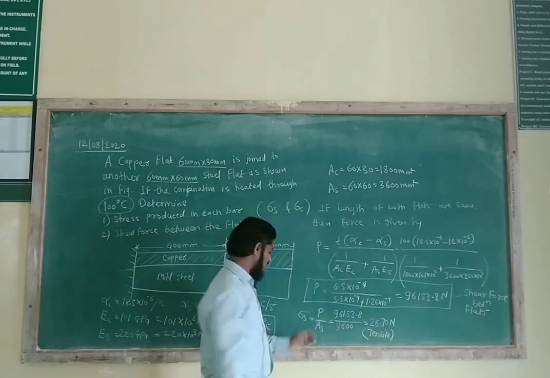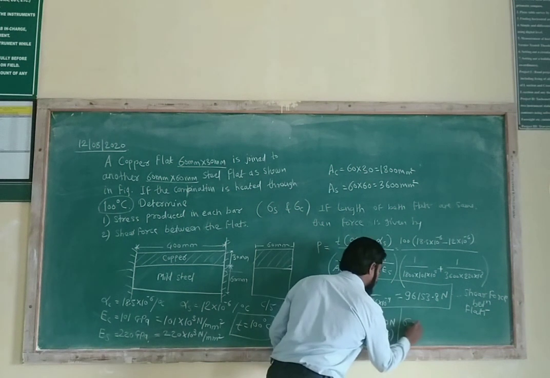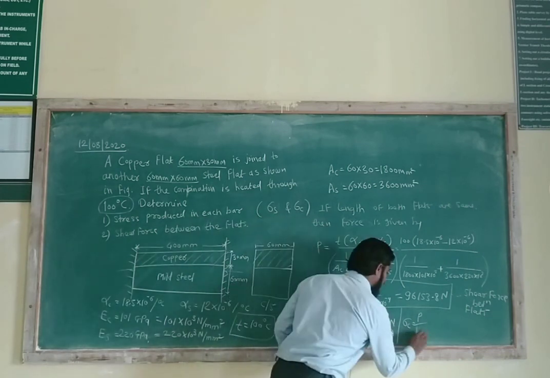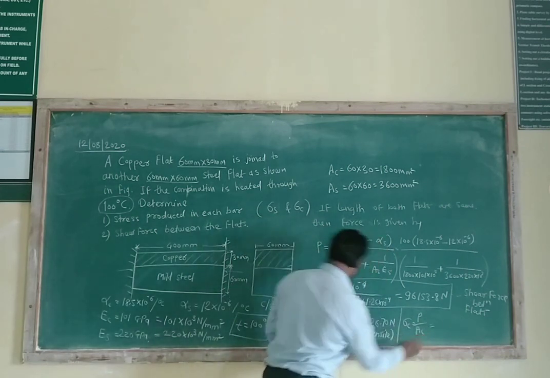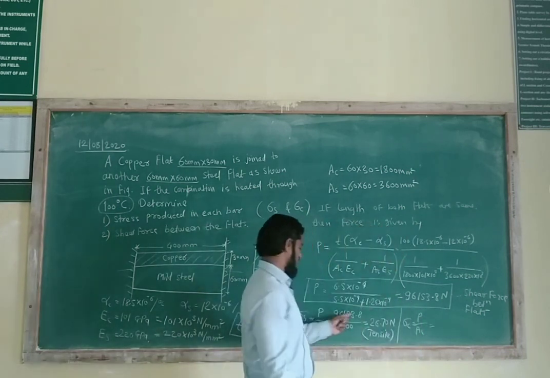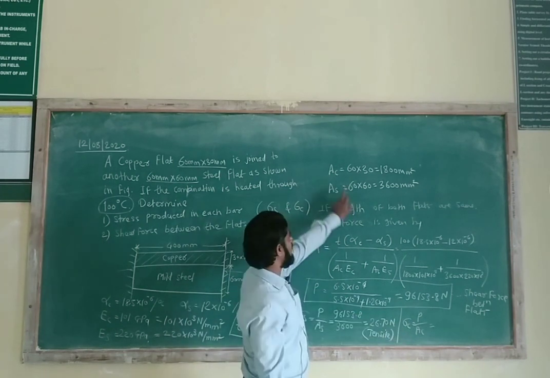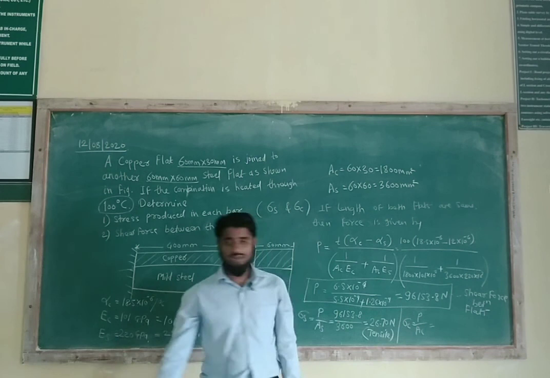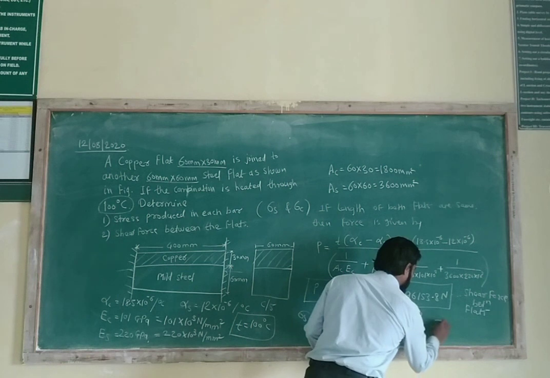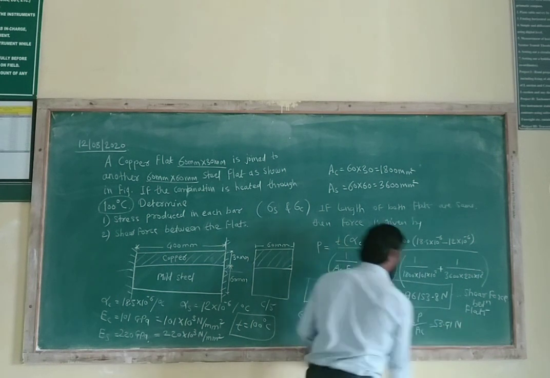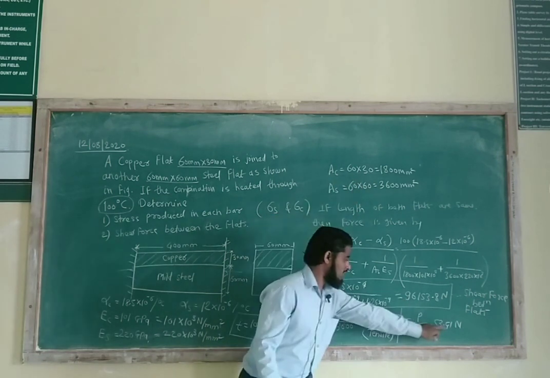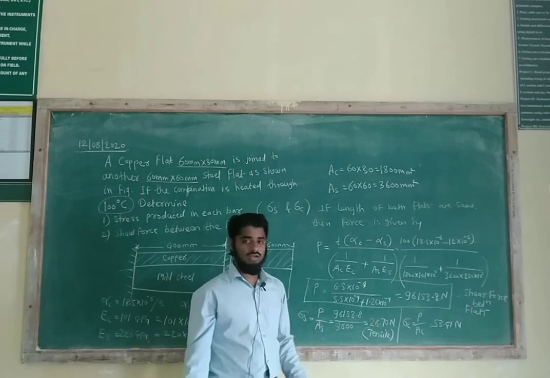Got it? Now for the other term, stress in copper, simply use this force again, P upon the area of copper. Put these values, P 96,153.8 and area of copper 1800, and the stress in copper becomes 53.41 Newton per mm square.